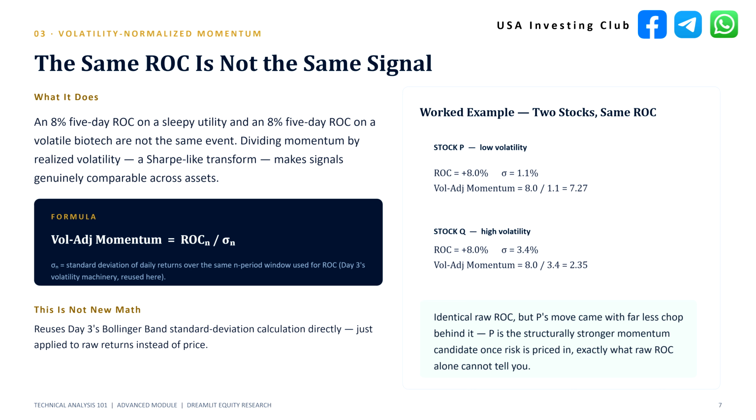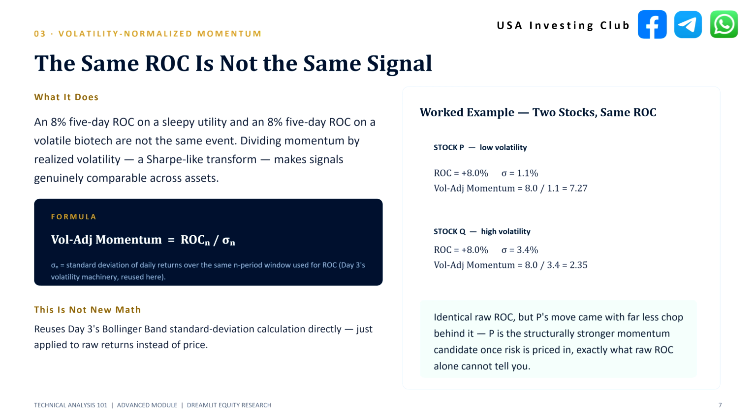The same ROC is not the same signal. An 8% 5-day ROC on a sleepy utility stock and an 8% 5-day ROC on a volatile biotech are not the same event, even though the formula spits out an identical number. Dividing momentum by realized volatility, a Sharpe ratio-like transform, makes signals genuinely comparable across assets.